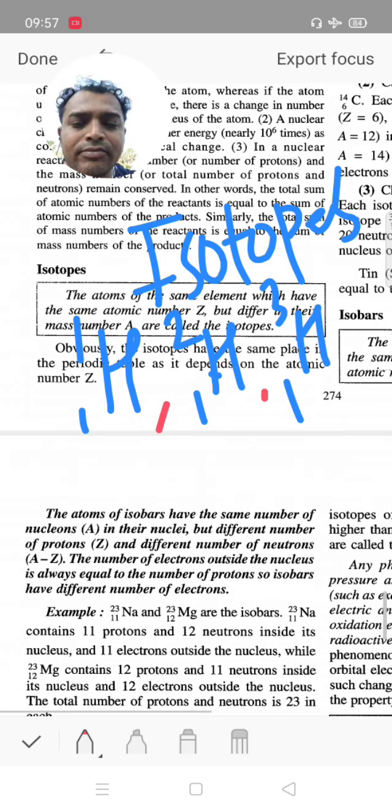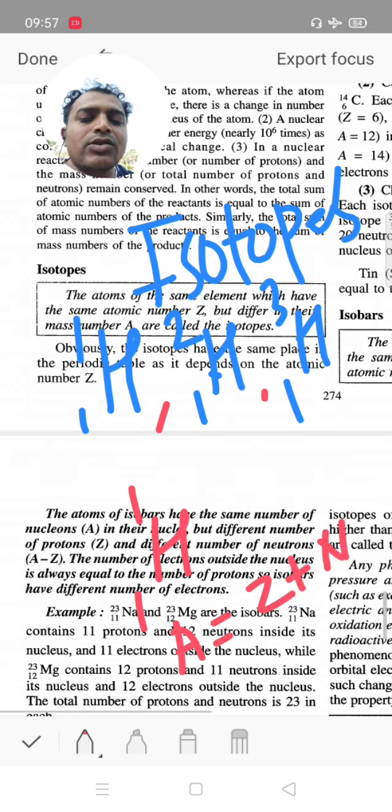In protium 1H1, our formula is A is equal to Z plus N. So students, Z is equal to 1, then find the neutrons. Atomic mass number 1, so 1 minus 1 is equal to 0.